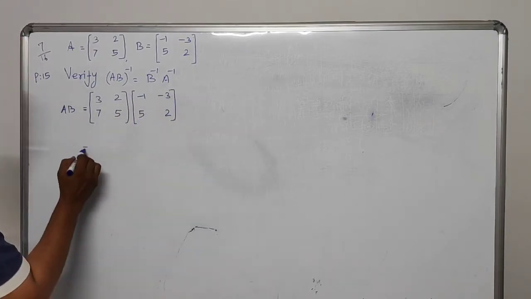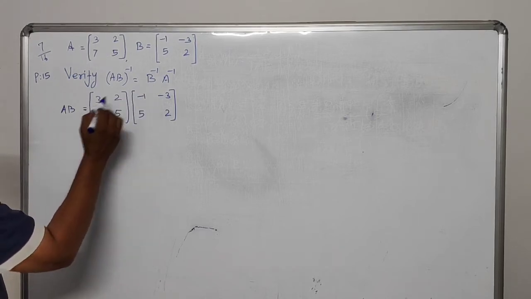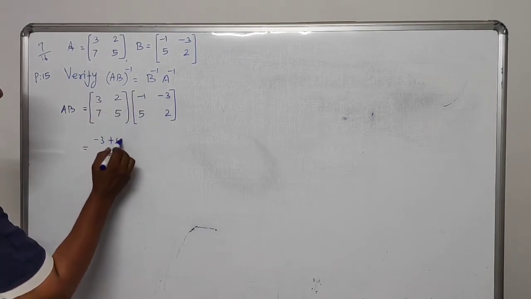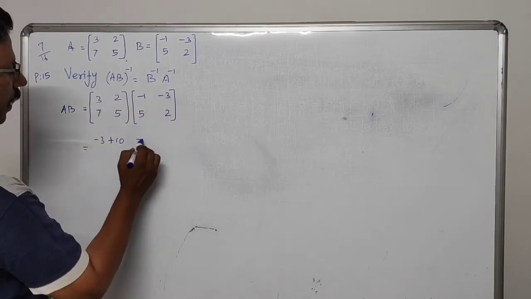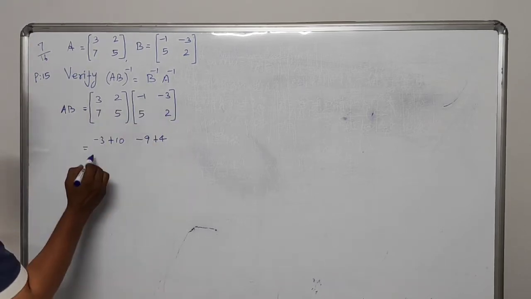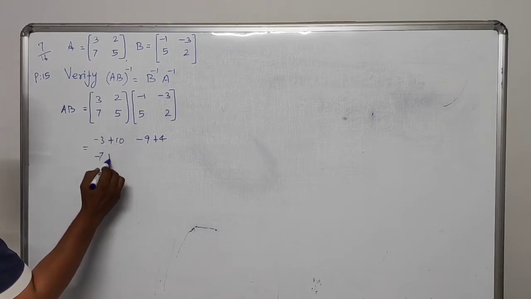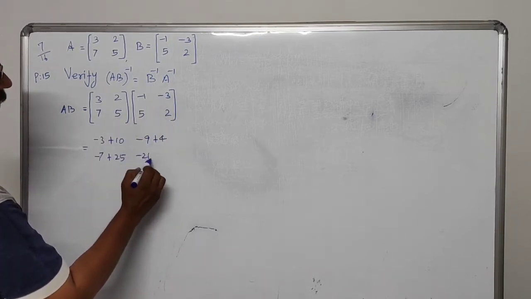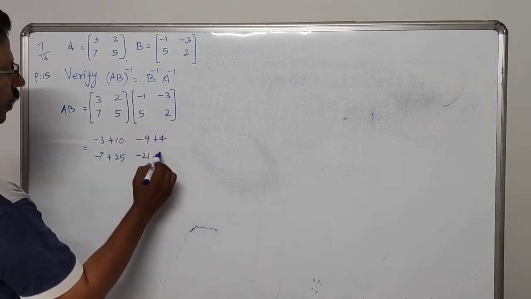Now we can multiply by the row by column method. 3 into minus 1 equal to minus 3, then plus 10, then minus 9 plus 4, then minus 7 plus 25, then minus 21, then plus 2 5s are 10.